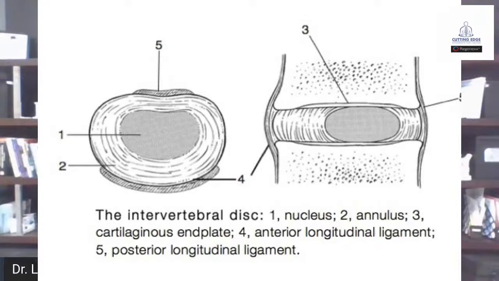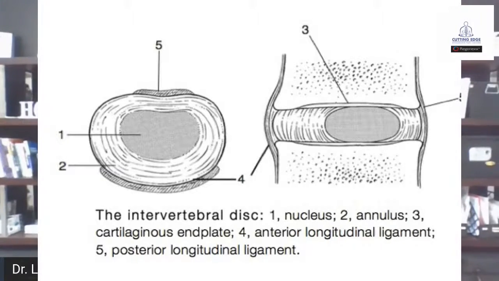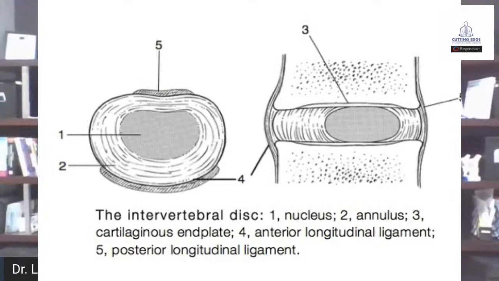We can see the nucleus pulposus in the center, and the ring-like structures around it, which is the annulus. In the front is the anterior longitudinal ligament and the posterior longitudinal ligament in the back. If you're looking at this picture from the side, the same type of thing exists.